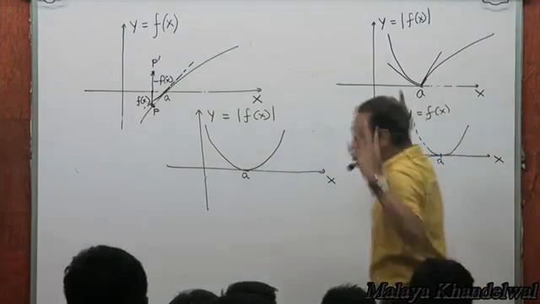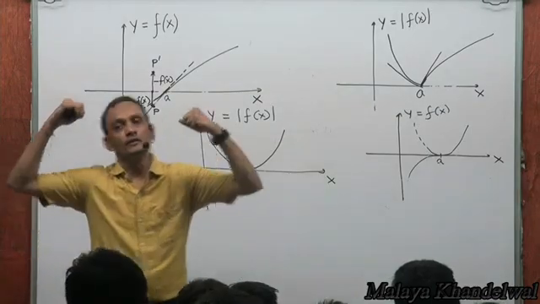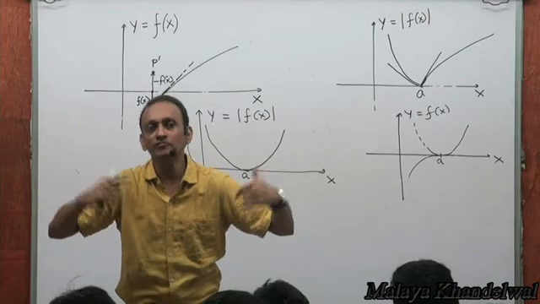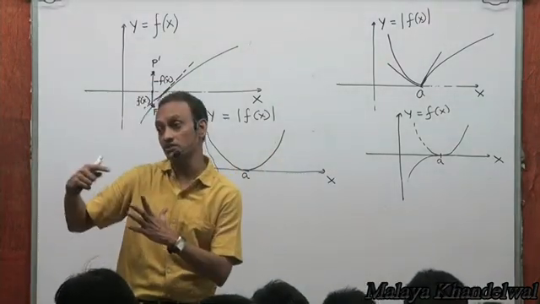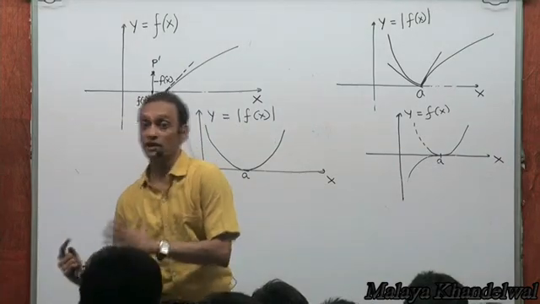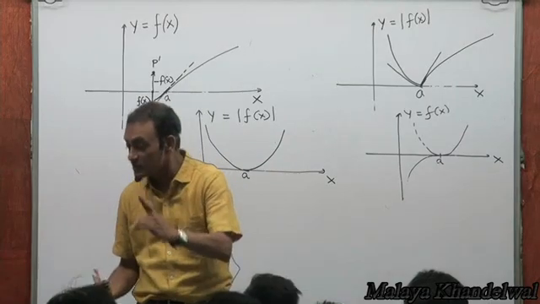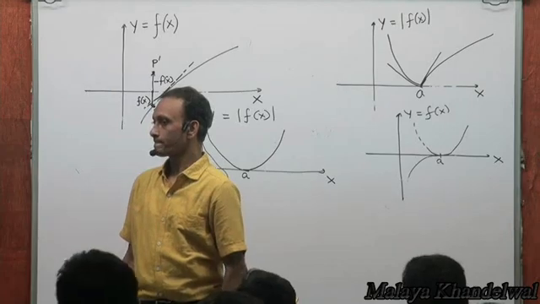So x equal to a would be a point of investigation for y equal to fx. If fa is 0 and the function changes sign around x equal to a, then mod fx, even if it is continuous at x equal to a, must be investigated with due respect. Clear?